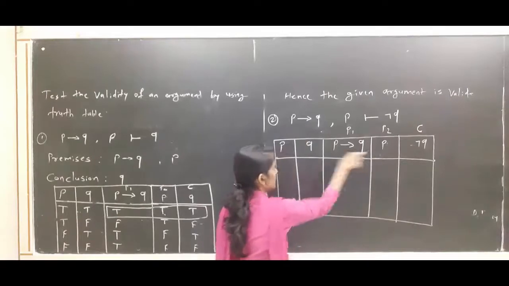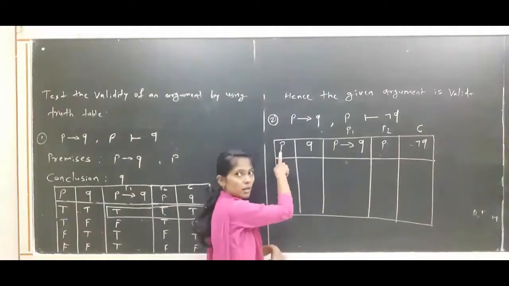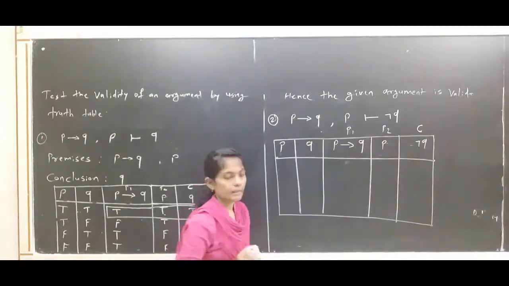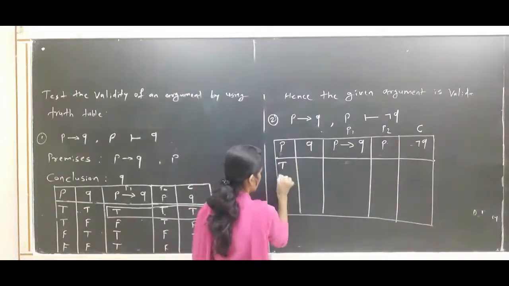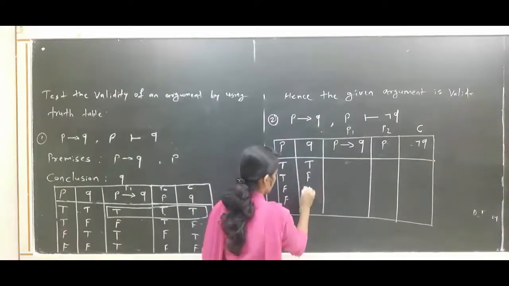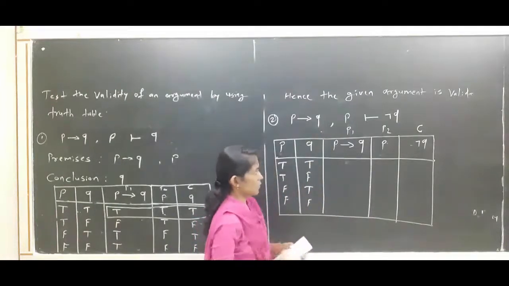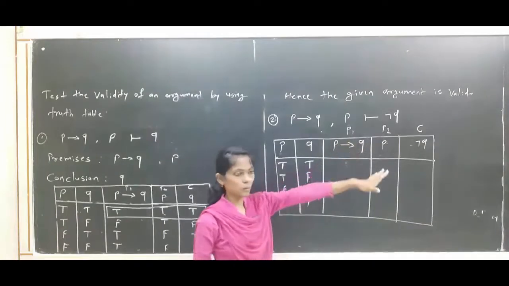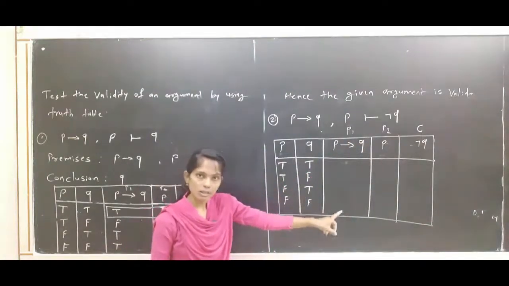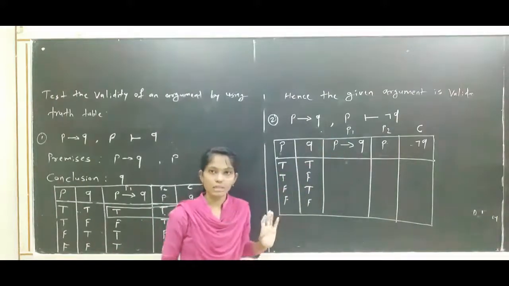This column P is the same as this column. We only rewrite it here for better understanding. So T, T, F, F and T, F, T, F. Again, for the implication result, we know that if P is true and Q is false, then the implication is false.